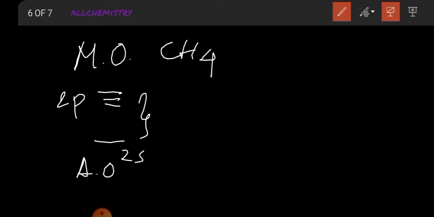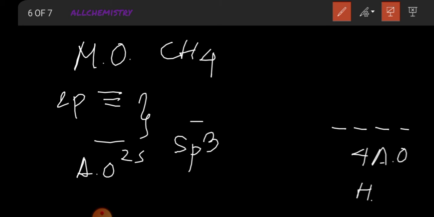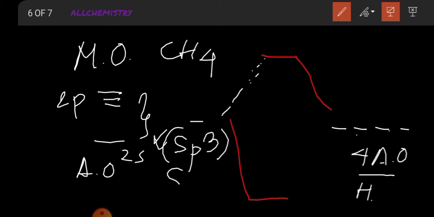That 2s and 2p will give us sp3 mutually. Now look, there are 1 2 3 4 atomic orbitals of hydrogen. Here is sp3 of carbon. As I said, hybridized orbital with atomic orbital will give one bonding MO and another anti-bonding MO.